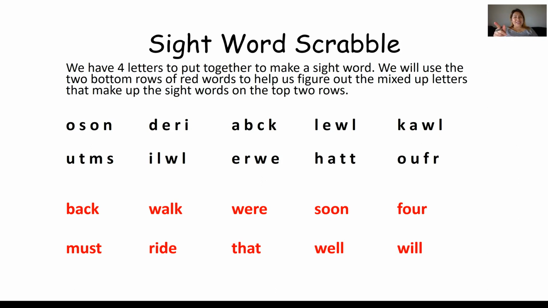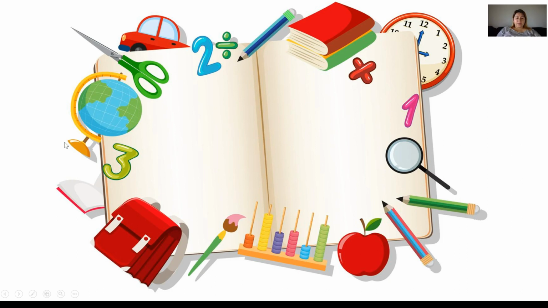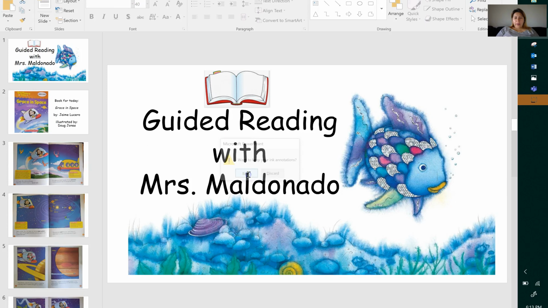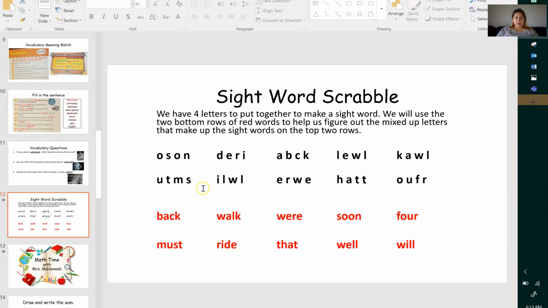So I am going to need your help. So if you also want to get your pencil and your piece of paper, we're going to help unscramble these words and put them in the right order. Okay, so I'm going to start with the first row here in the black group of letters. I need to go back right here.